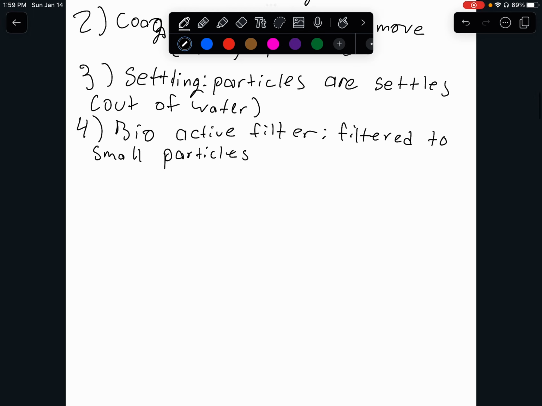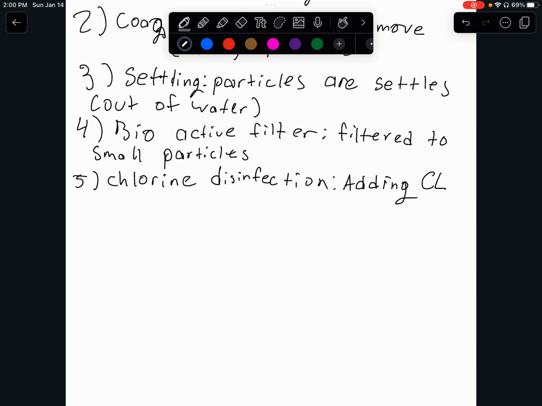The fifth one is going to be chlorine disinfection. What this does, right, as the name implies, it is adding chlorine. So adding, I'll put the chemical symbol, Cl, as a disinfectant.